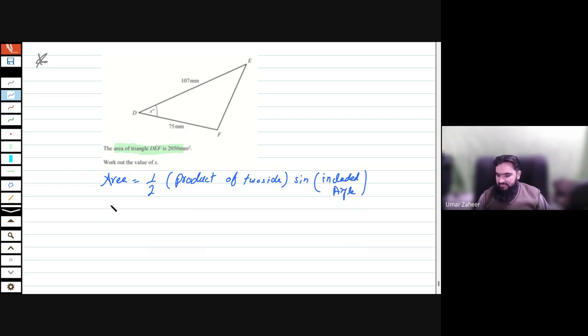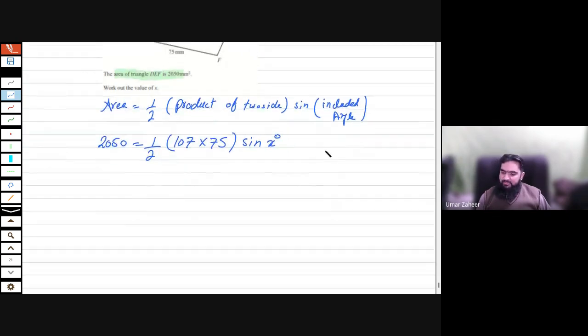So the area is given, that is 2050. 1/2, the product of two sides, that are 107 multiplied by 75, into sine of their included angle. The included angle is x. So we have to find the value of x.